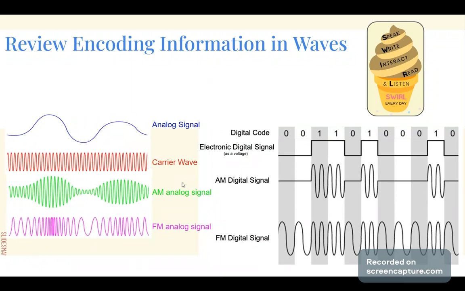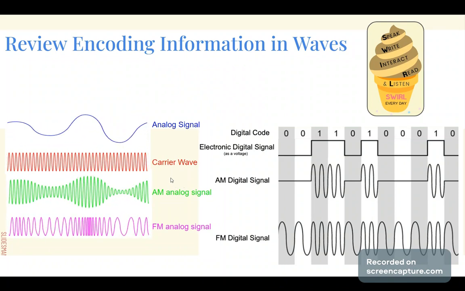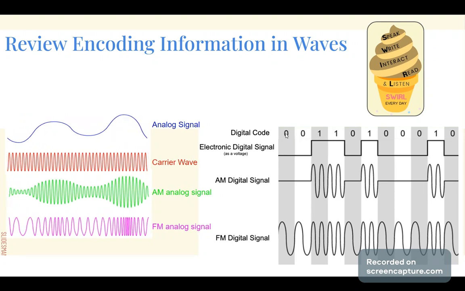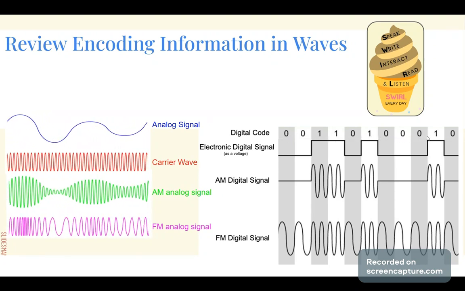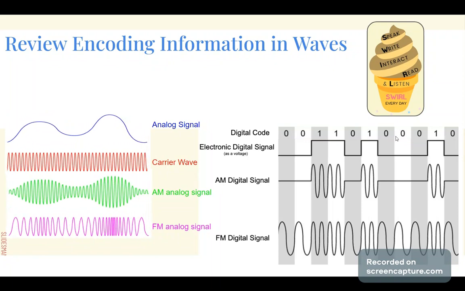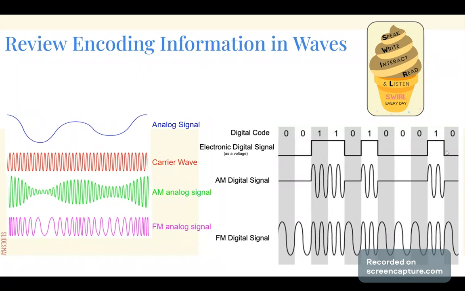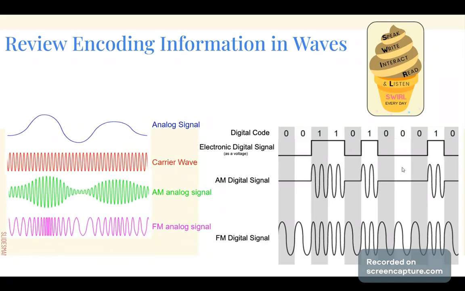Again, just a reminder about how we can encode information on waves. If we're sending the signal 0011, 01, 00010, right? That's what we're trying to get across. We could send it as an electronic digital signal with basically ons and offs.